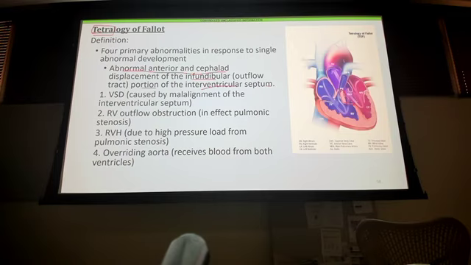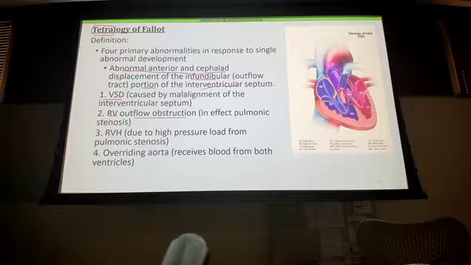The 4 problems are, okay, I've got a hole in my interventricular septum, so I have a ventricular septal defect. I have a right ventricle outflow obstruction, so this narrows that outflow. So now blood's going to have a lot more difficulty getting into the pulmonary artery through the pulmonary valve.